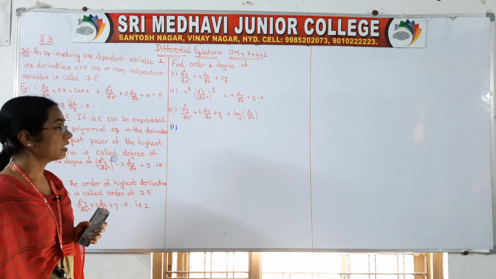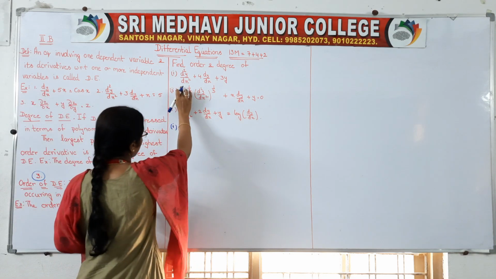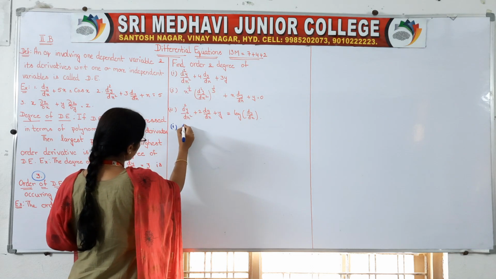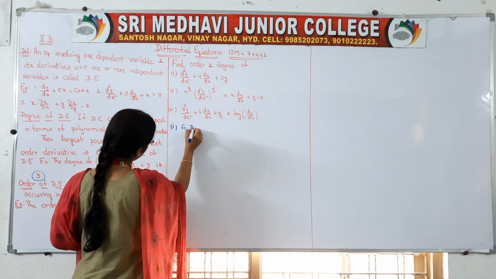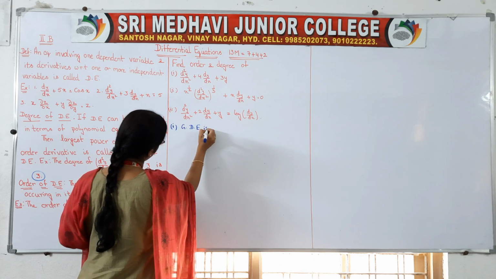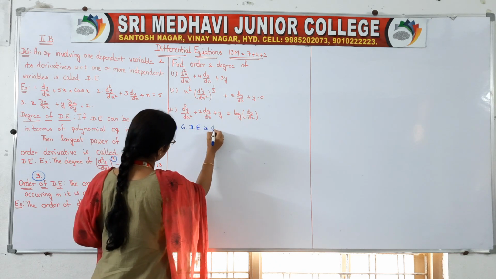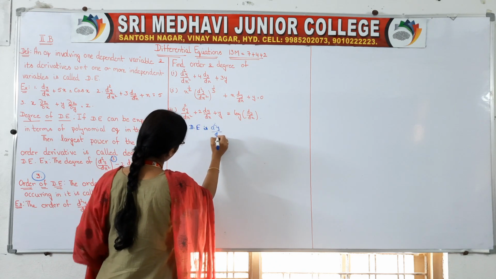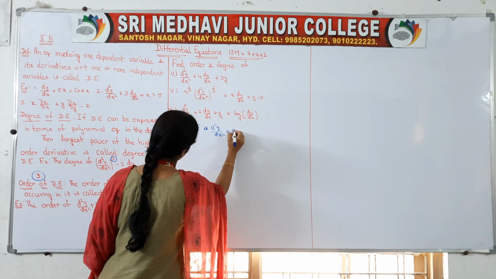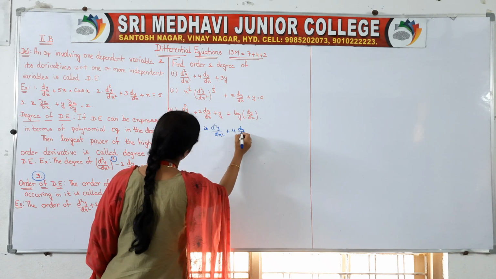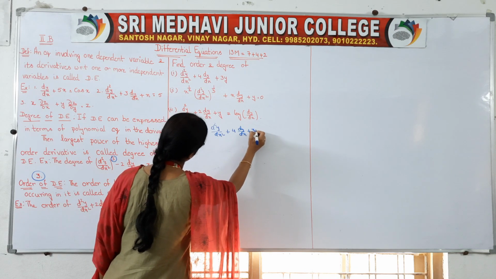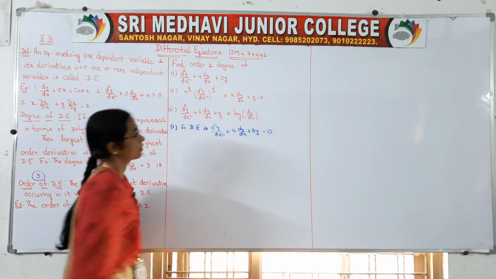Find the order and degree of this one. So what is the given equation? The given differential equation is d square y by dx square plus 4 into dy by dx plus 3y is equal to 0.